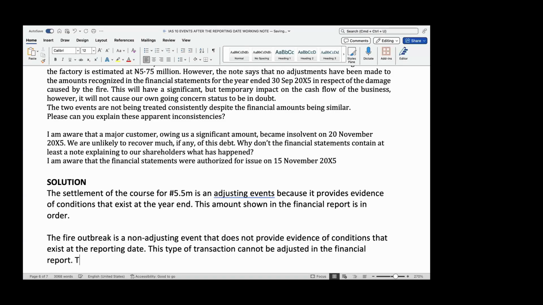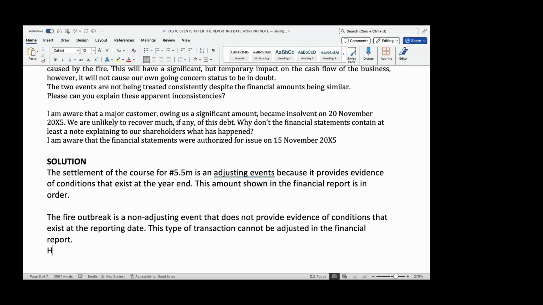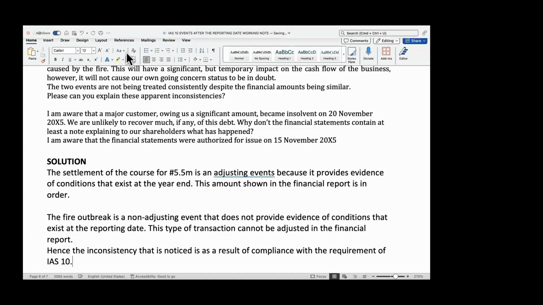Hence, the inconsistency that is noticed is a result of the requirement of the standard.